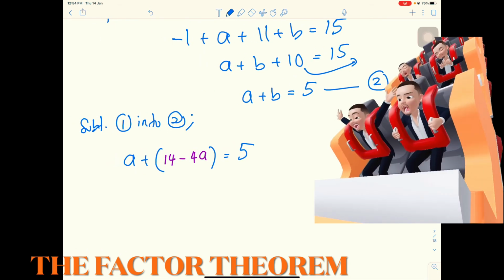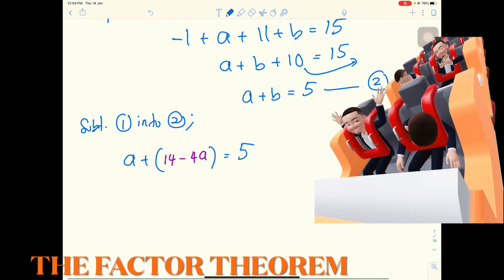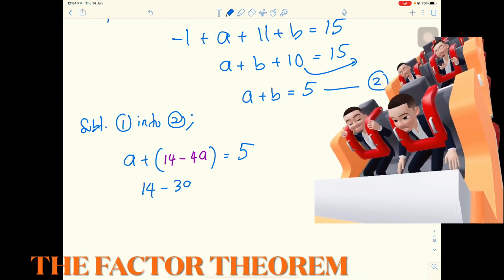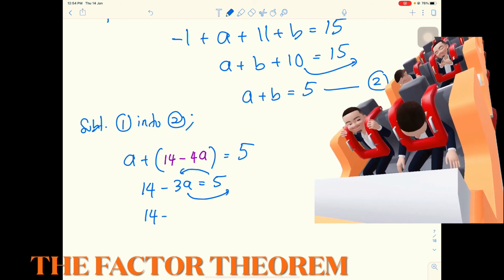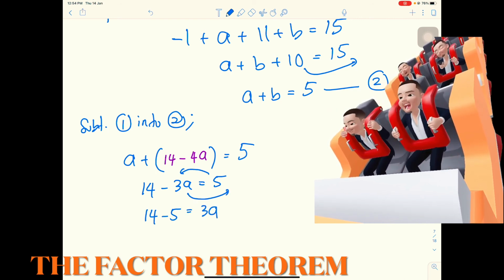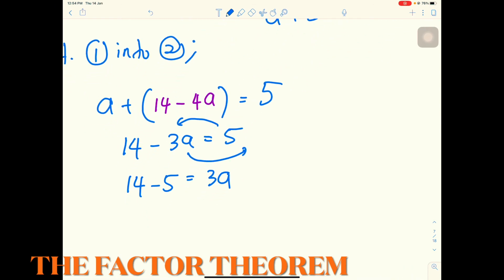And then a minus 4a, so we get 14 minus 3a equals 5. Then rearrange the position, so we get 14 minus 5 equals 3a, equals 9, then a equals 3.